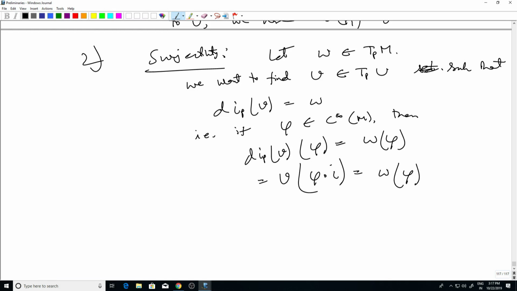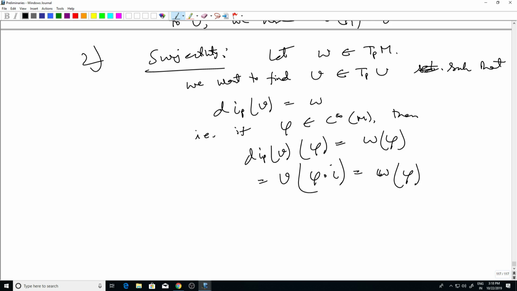Right. So what I want is this equation, which should be satisfied by this vector V that I'm looking for. Well, the natural thing to do is just use W itself.